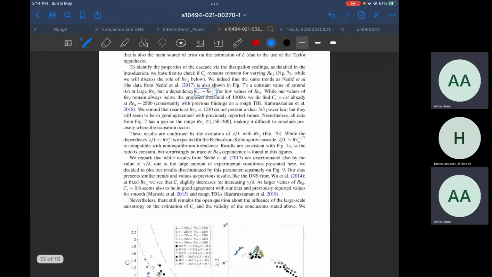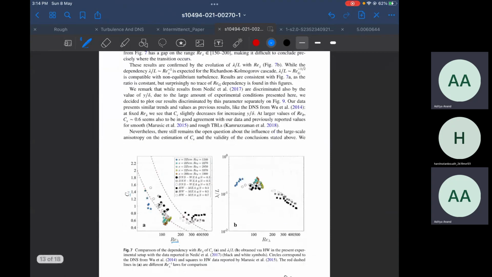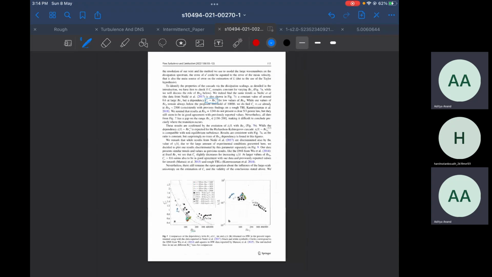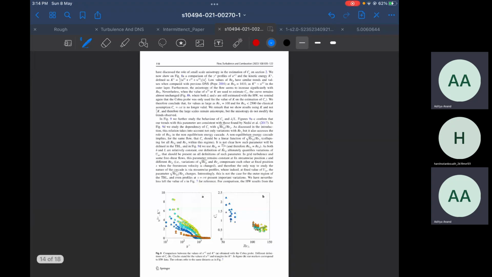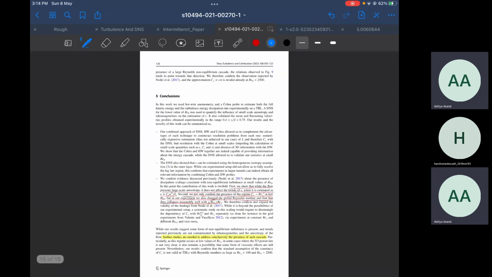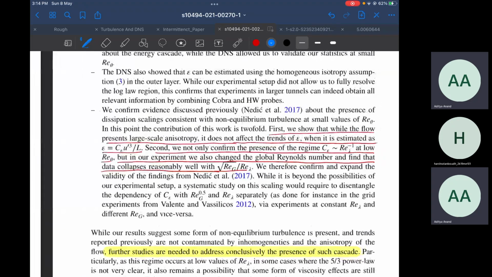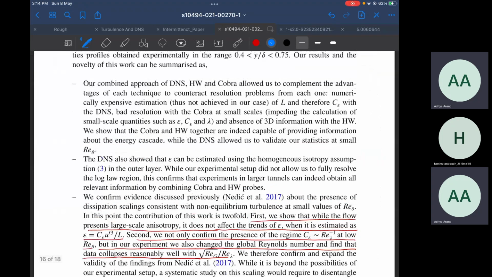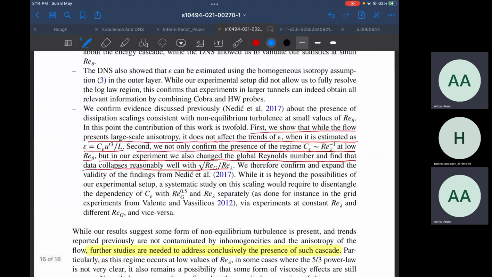While for higher values of Re lambda, the C epsilon is a constant, which is what we actually expect. Okay, so that's that. This is what the study was. And however, there is scope for improvements in these three. Okay, so they have concluded in this manner.